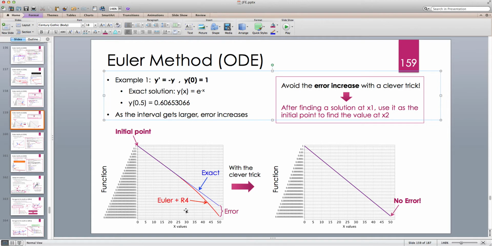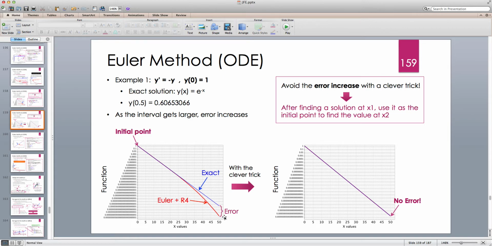And in order to avoid the error getting larger by getting farther away from the initial point, what we can do is that as we progress and solve the value of the function at later points, for solving the function at some later point, I can take the previous point that has already been solved as the initial point, and then the interval between them always stays small.